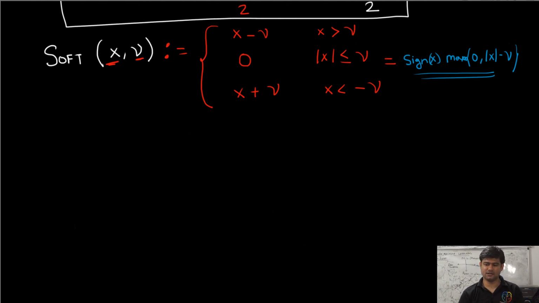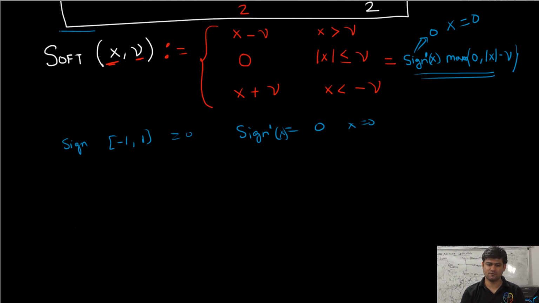Here we will use a different sine, sine prime, where sine prime returns 0 for x equal to 0. So earlier we defined the sine function as having a value anywhere between negative 1 and 1 for x equal to 0. But now we define a new function sine prime which is equal to 0 for x equal to 0. So this is the definition of the soft function.